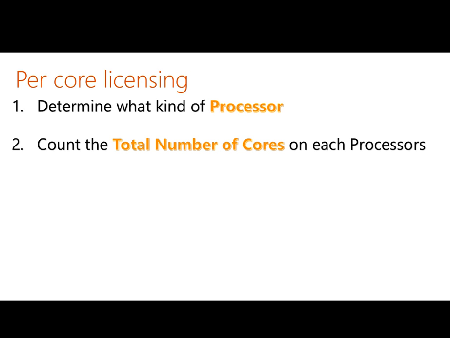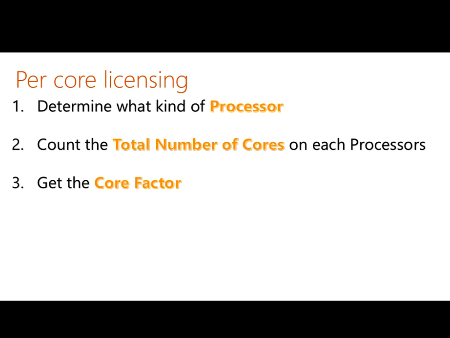So per core licensing, to get the correct number of SQL Server licenses per core, first you need to determine what kind of processor, if it's an AMD series something, or if it's an Intel. Second, we need to count the total number of cores on each processor. Third, we need to get the core factor.